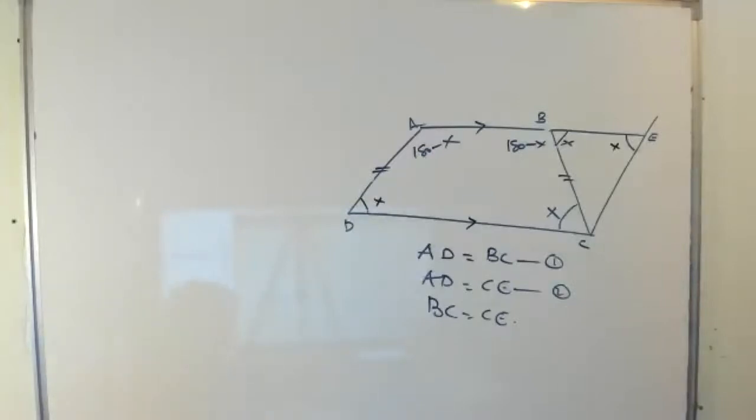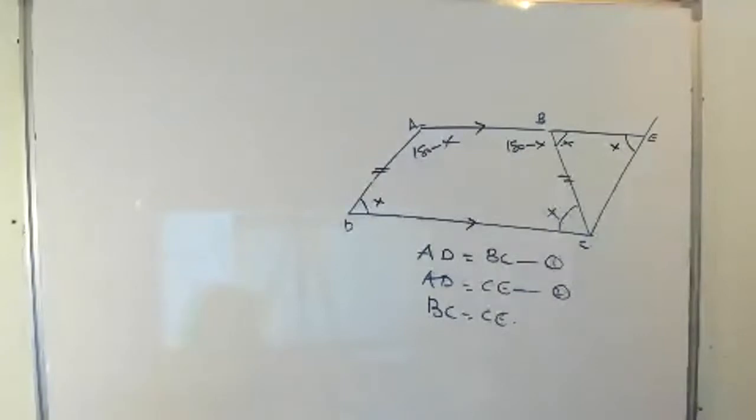Alternate angles. Therefore, angle C equal to angle D equal to X. This is the second proof. Everyone check first and second.